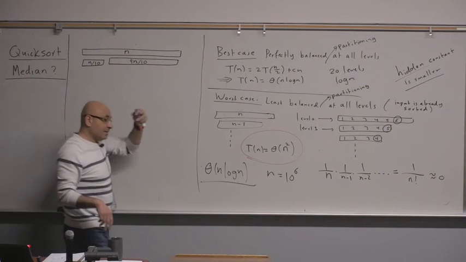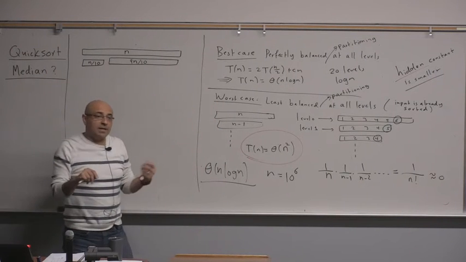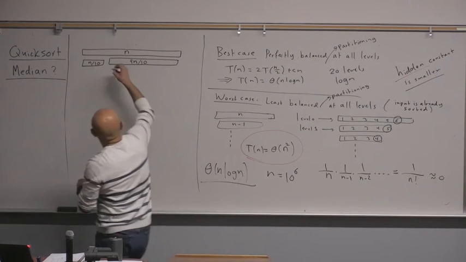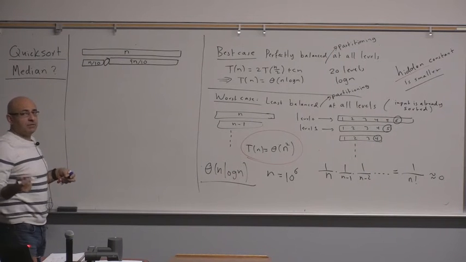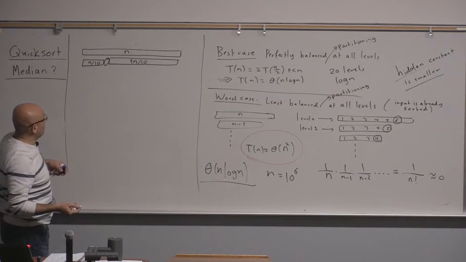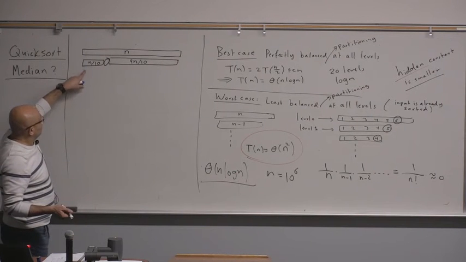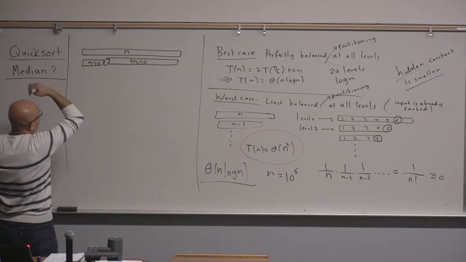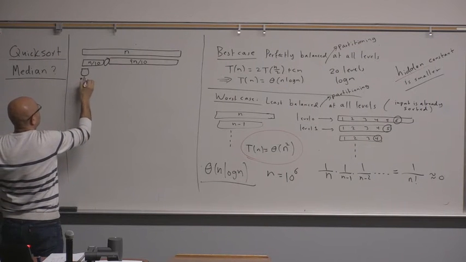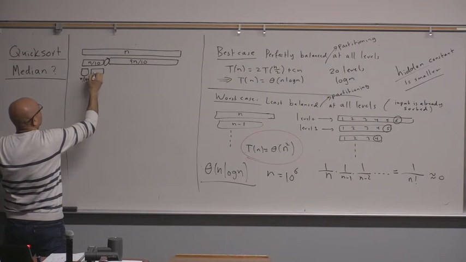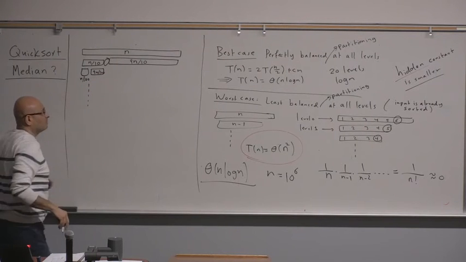But in reality, the sum of the sizes of the two partitions is going to be n minus 1 because of the pivot. But we are ignoring the pivot because it's much smaller than n, since we are analyzing this for large n. Now what if we keep doing this? We split this into n over 100 and 9n over 100, and so on.